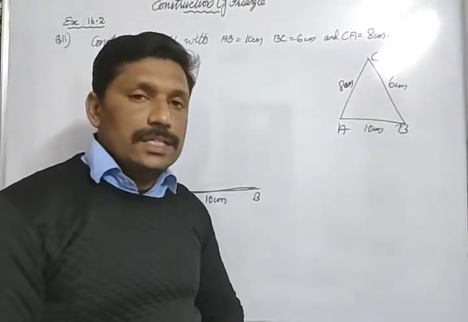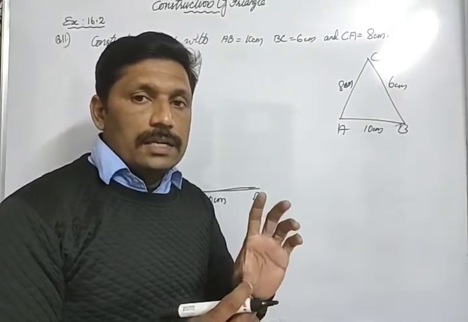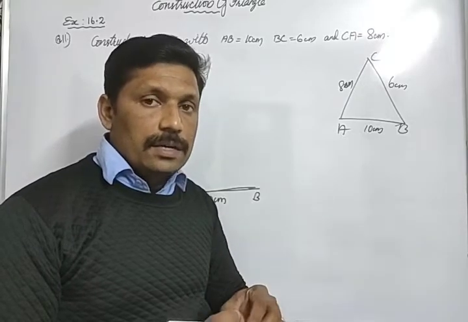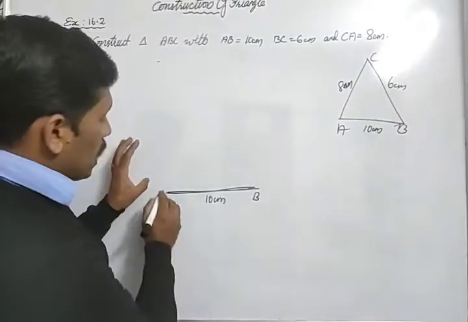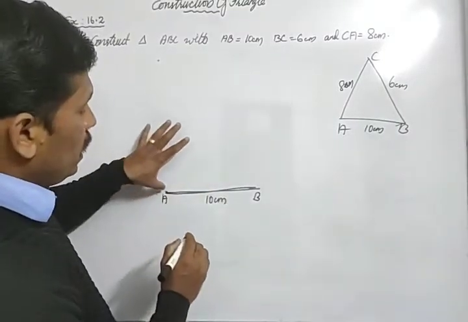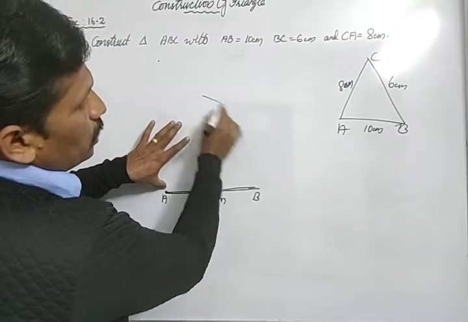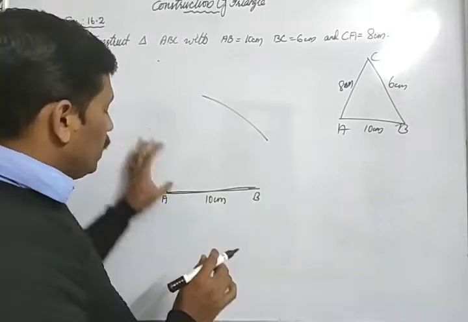AC length is 8 centimeter. So you take the compass and make 8 centimeter. You measure 8 centimeter, and then keep the compass at point A and cut an arc here at 8 centimeter. In this way you have to cut an arc from A.